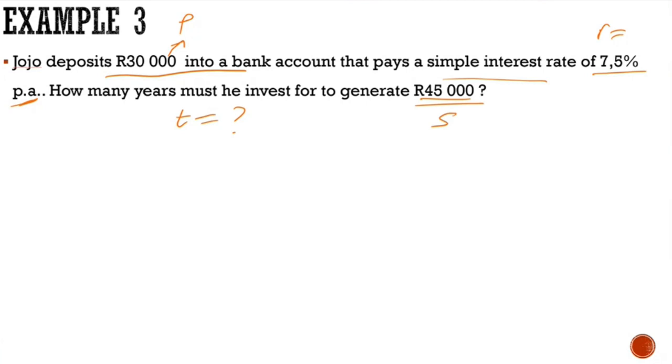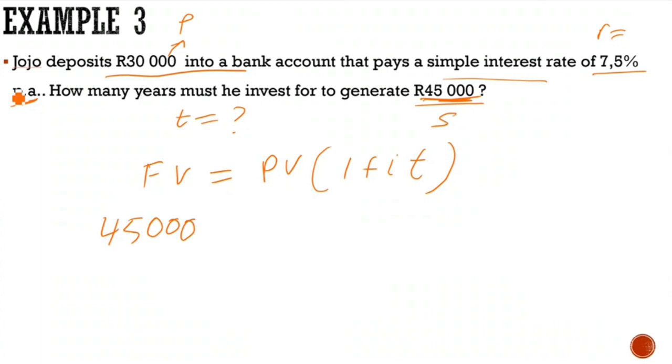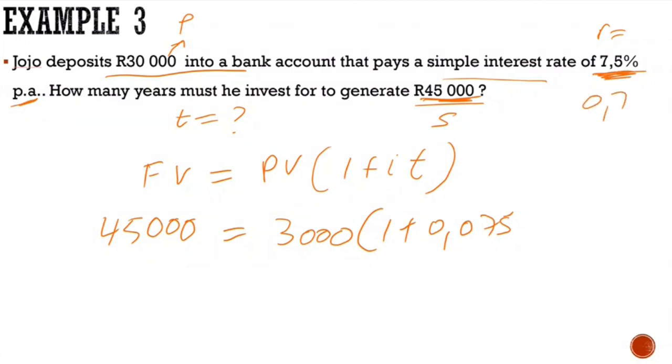So all you need to do here, you can say my future value is equal to present value into 1 plus iT. You are given this one. This is 45,000. Your present value is 30,000 into 1 plus your interest rate, which is 0,075. The conversion of this is not 0,75, guys.